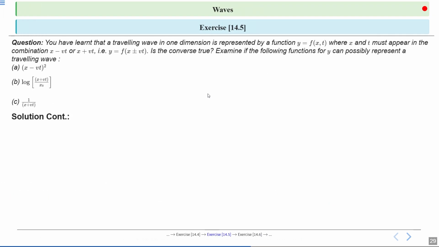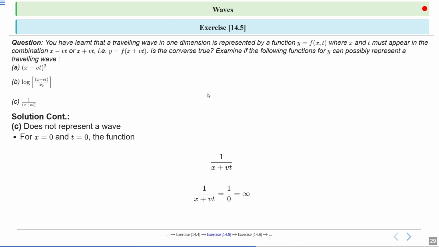Now, part C does not represent a wave. At x equal to 0 and t equal to 0, we are evaluating the function at the origin. So 1 upon x plus vt equal to 1 upon 0, equal to infinity, undefined.